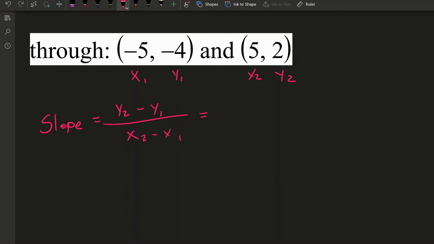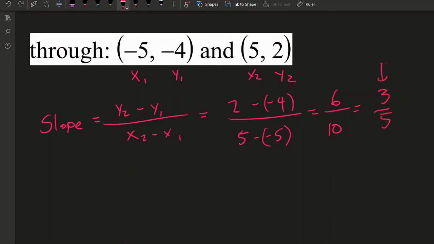So in this case, that would be 2 minus negative 4 divided by 5 minus negative 5. Minus a negative turns into a positive, so that would be 2 plus 4 is 6, over 5 plus 5 is 10, and 6 over 10 is going to reduce to 3/5, and that is m.